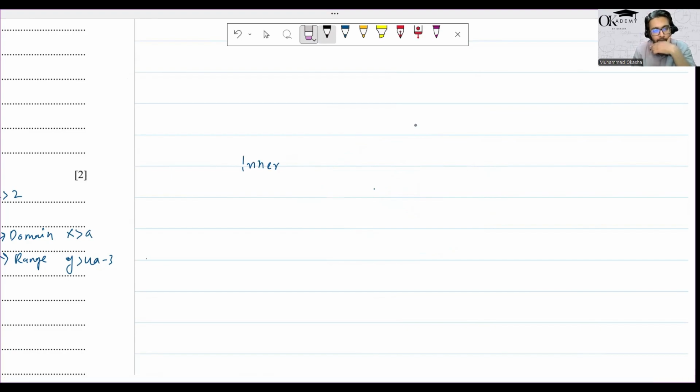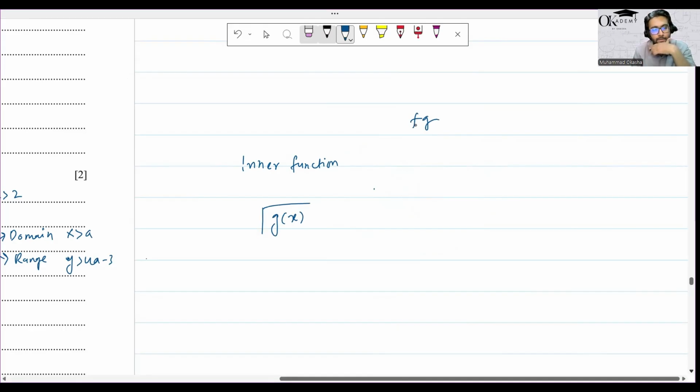You write the inner function first, because we're talking about the composite function fg, right? So the inner function is g of x, and the outer function is f of x, right?